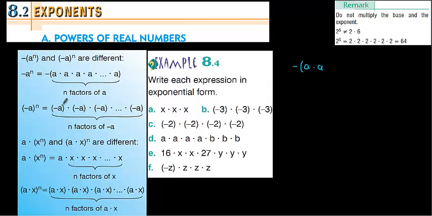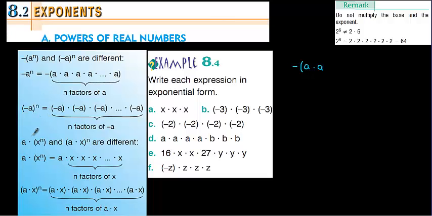But in the second one, since the power is outside of the parenthesis, we are multiplying minus a by itself n times, and the result will be positive or negative, because we learned like this in the integers topic. Minus a to the power of n, if n is an odd number, the result will be negative. If n is an even number, the result will be positive.